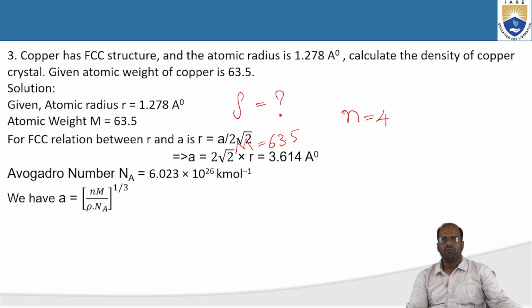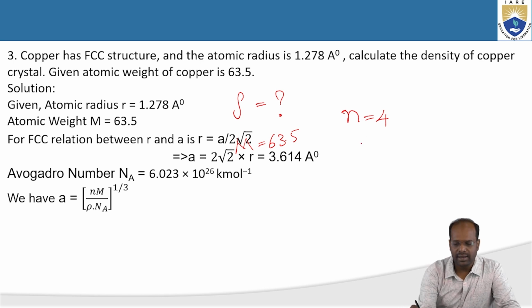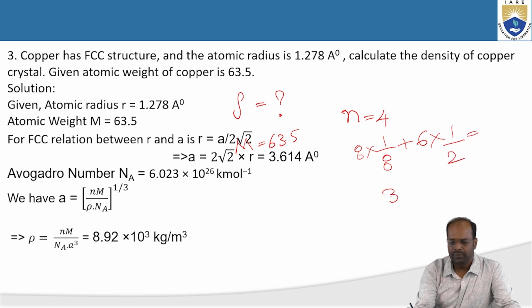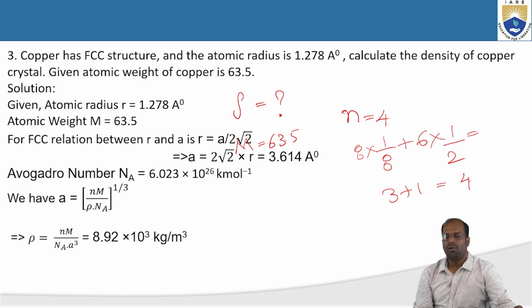We get 8 corners into 1 by 8 contribution for each corner atom, 6 face atoms with half contribution, that is 3, plus 1, which is equal to 4 atoms per face centered cubic unit cell.